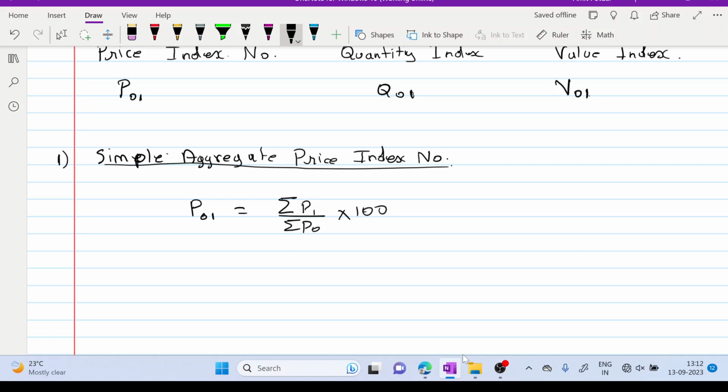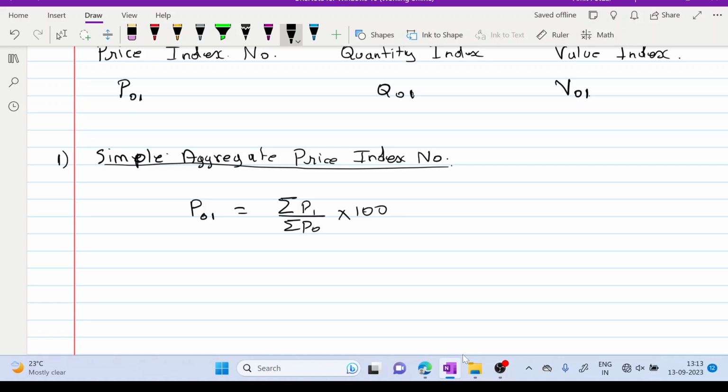It's there in the name itself. इस simple को छोड़ दो. Aggregate index number. Aggregate is what? Summation. And index numbers are always found relative to something. If you remember your 7th standard mathematics, whenever you are finding a relative, it's always divided by the original value.